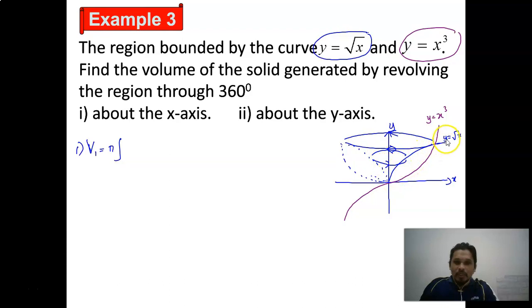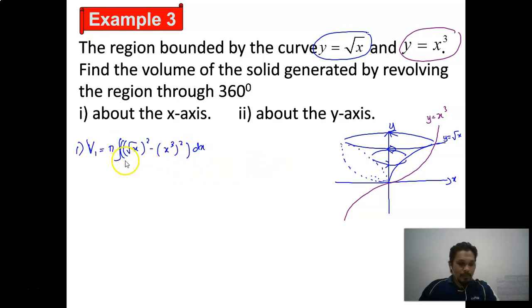The graph y equals square root of x is above, so (square root of x) squared, minus the graph below, which is y equals x cubed, squared, dx.